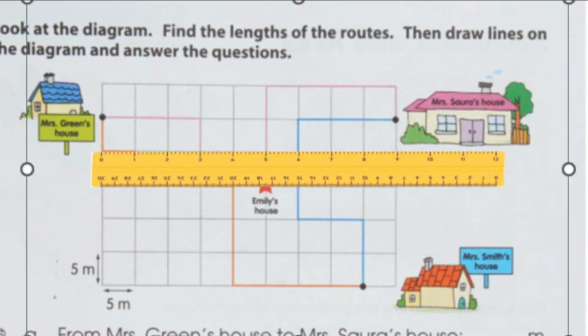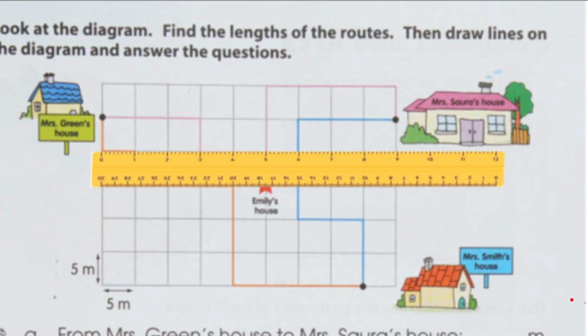I have fixed the scale. 1 inch is equal to 5 meter. So 1, 2, 3, 4, 5, 6, 7, 8, 9. So this means 9 times 5, that is 45 meter.